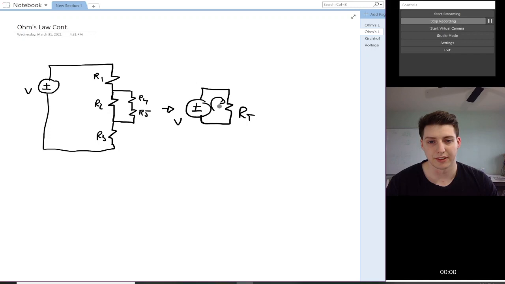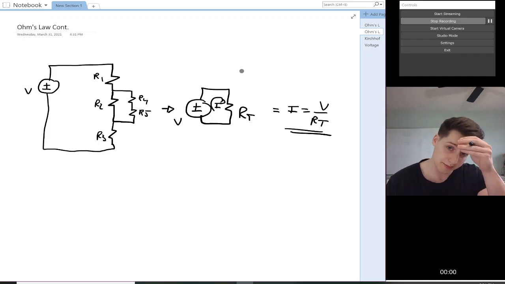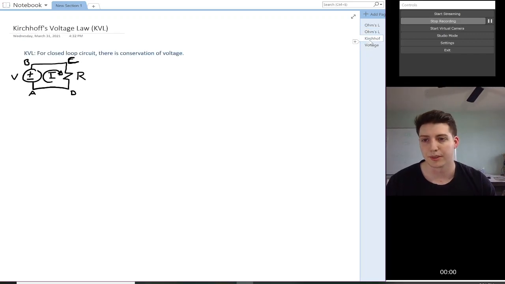Again, we will have our current going in this direction, and we can say that the current going from the battery is equal to V over RT. We don't know what the voltage at any of these nodes or what the current in each branch is. But to examine that, we will investigate something called Kirchhoff's voltage law, also known as KVL.